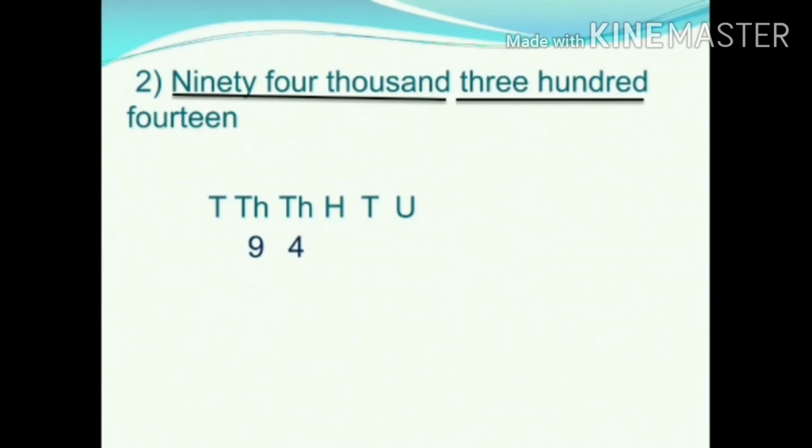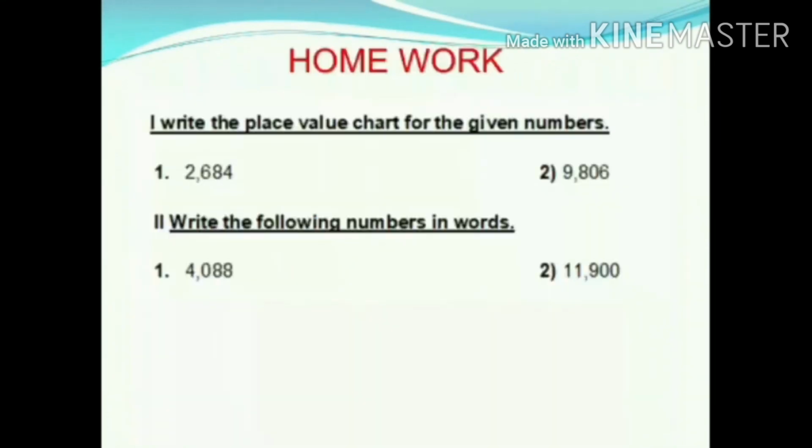Next we have 314. 314 will come in the units period. 3 in the hundreds place, 1 in the tens place, 4 in the units place. Now we should put a comma after each period. This means the first comma is put after the thousands digit. In the thousands place we have 4, so we will put a comma after 4.